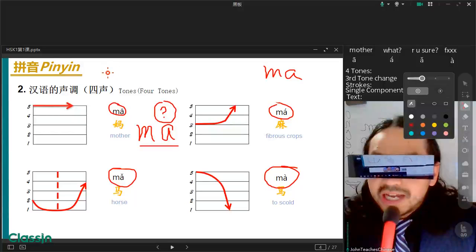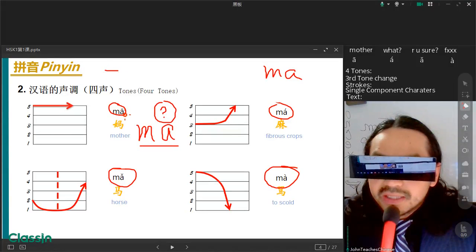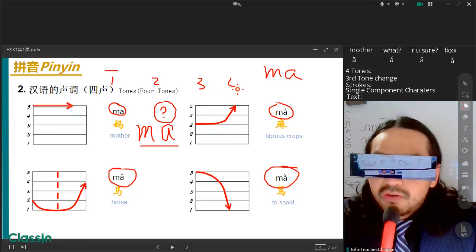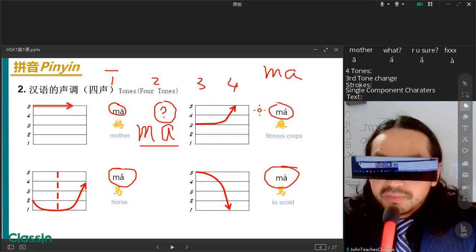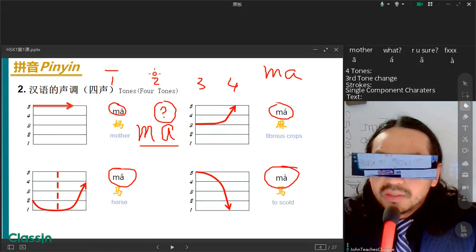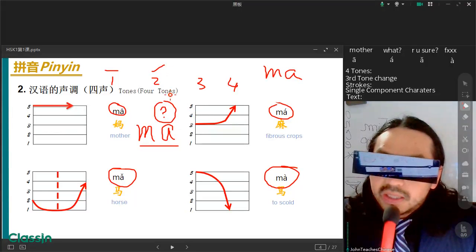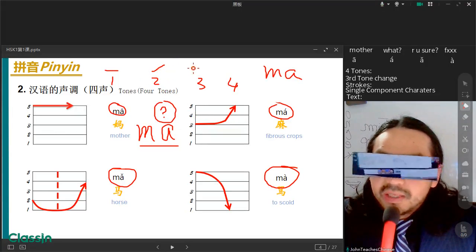This tone mark is easy. First, there is a flat one like this. That means the first, second, third, fourth. We first look at the shape. The second tone is a rise in sound, rising up. The third one has two parts, down and up.